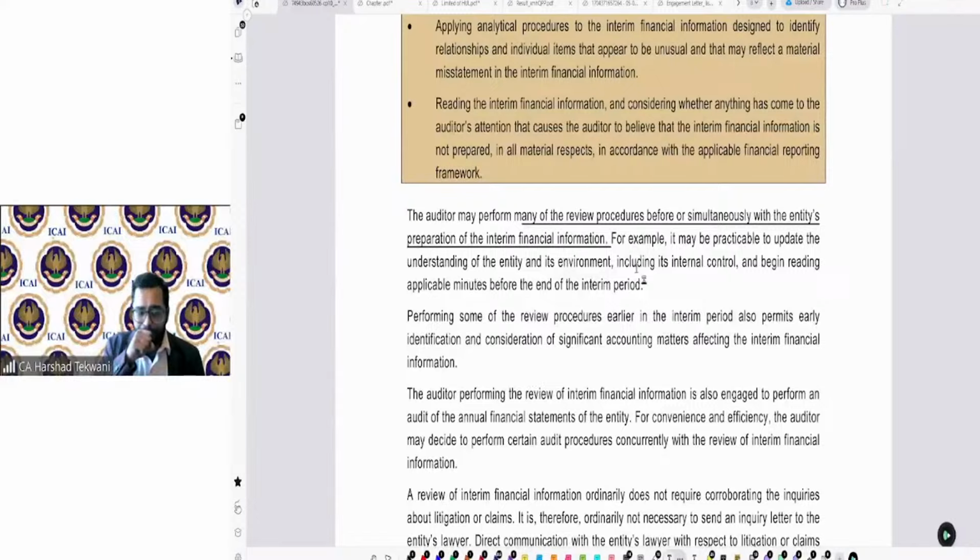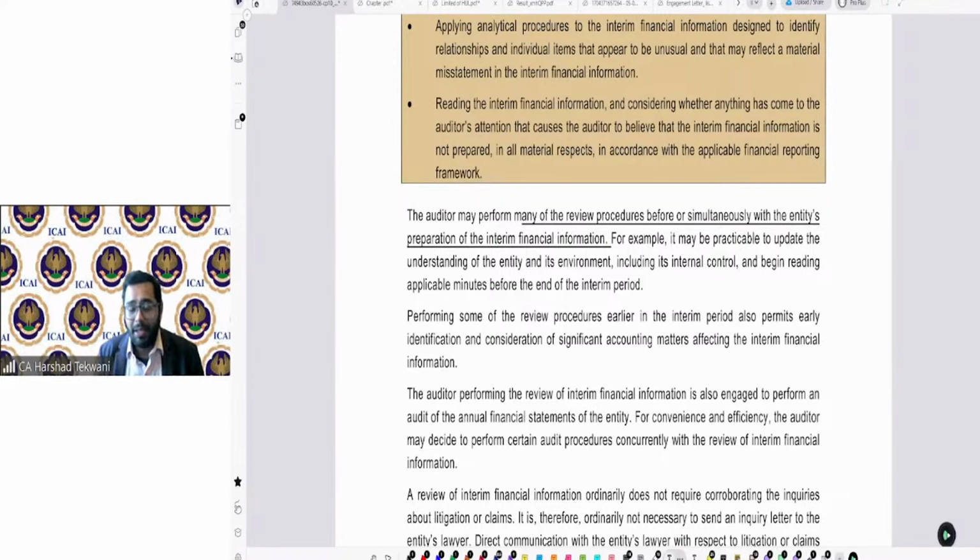Because usually, you might have 45 days or in some cases a lesser duration to report upon the interim financial information. In that case, auditors perform simultaneous procedures along with the entity preparing the financial information.